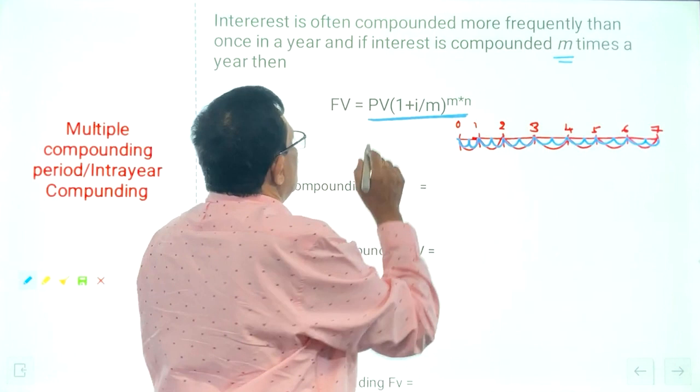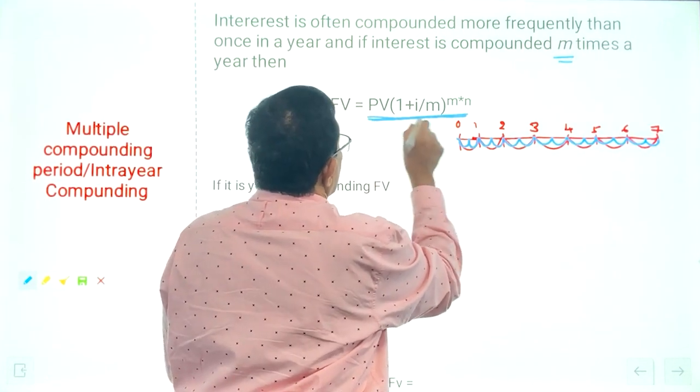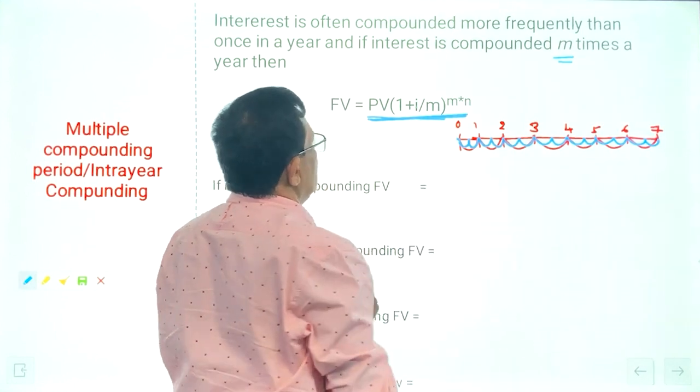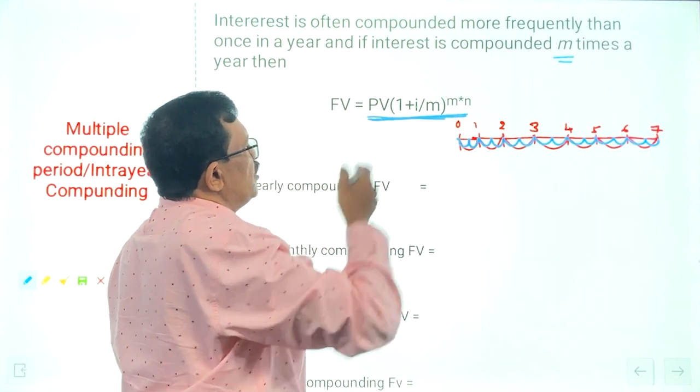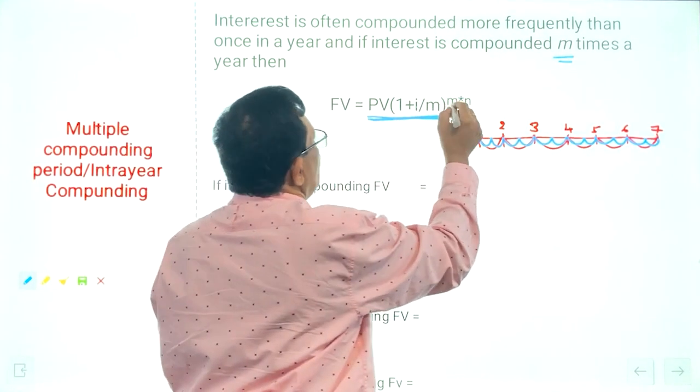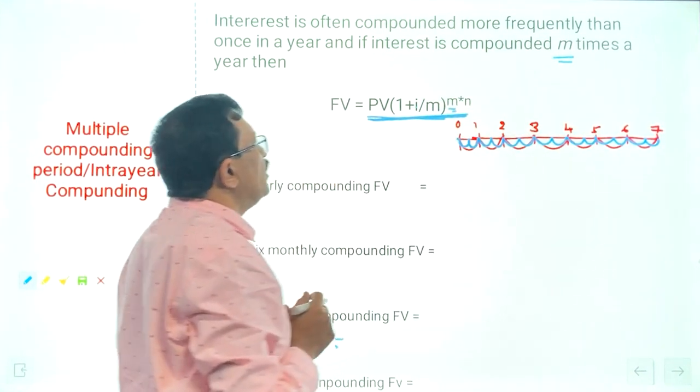So wherever i is going to be there, we are going to divide that particular i by m, and here we are going to have another m here.